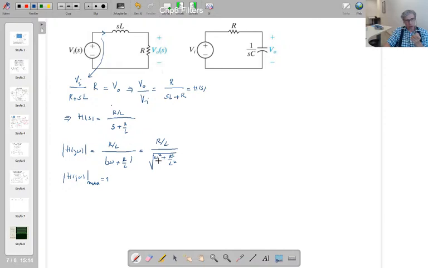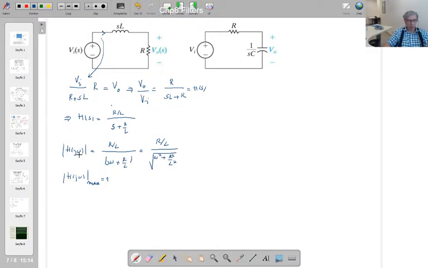To make this denominator minimal, in the physical world the smallest frequency is 0. There would not be a negative frequency in the physical world. So omega is 0, and this becomes R over L, and this gives you the 1 here. That is the maximum value of the transfer function module.